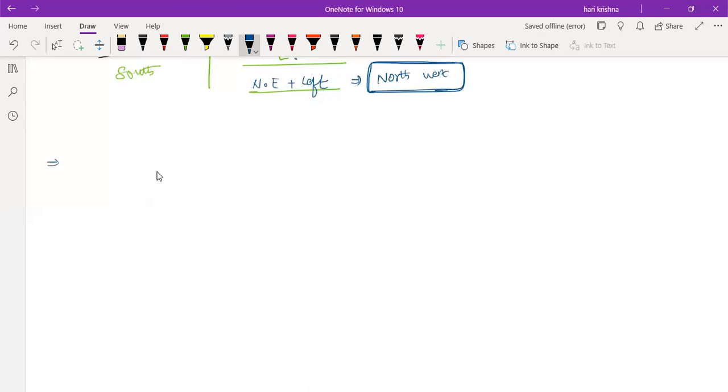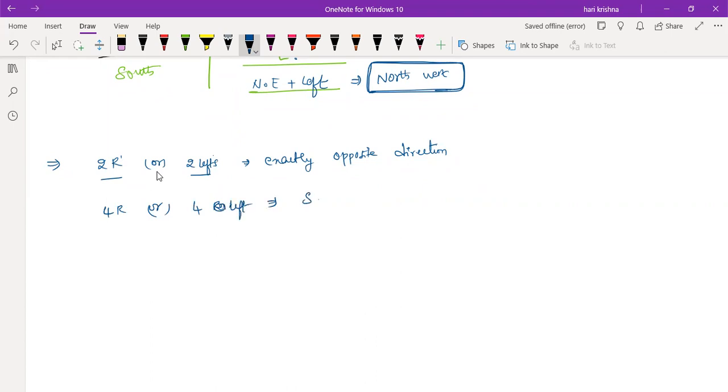Suppose you have 2 R's or 2 L's at the same time. That means two lefts or two rights, exactly opposite to each other. And if you get 4 lefts or 4 rights, that means exactly the same direction as the initial.